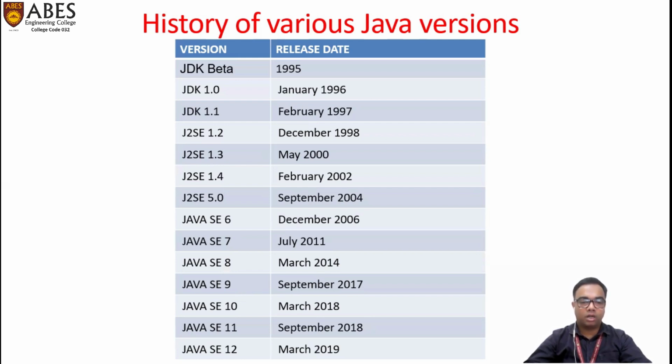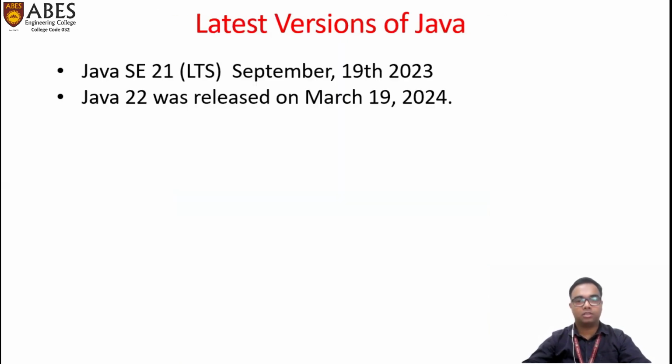These series continue updating, and the latest version of Java, released on March 19, 2024, is Java 22. Before that, we have a long-term support version, Java SE 21, released on September 19, 2023. So the latest version you can download is Java SE 21, and it is stable also.